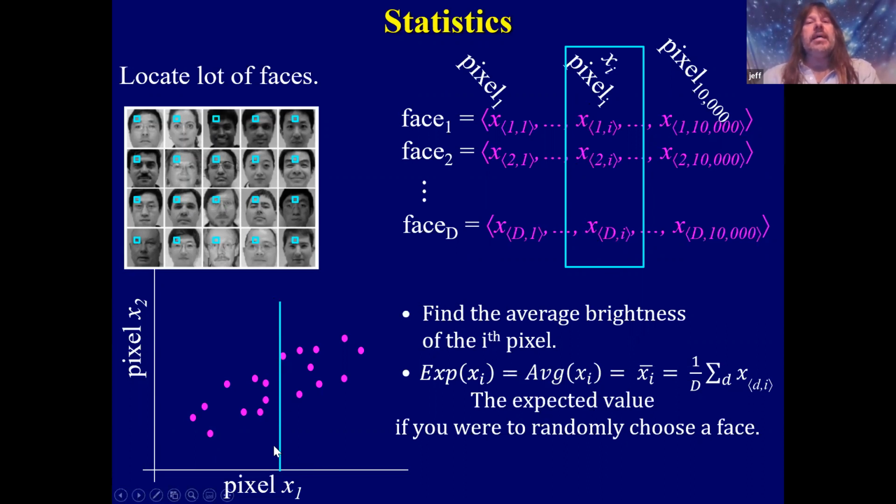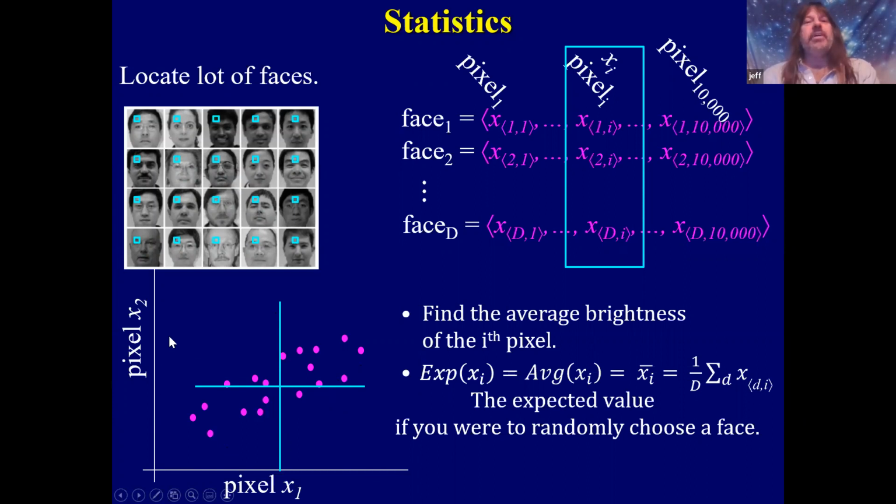And here in the picture, you can see this axis tells me how bright the first pixel is. So if you just look at the brightness of the first pixel, that's the average. Similarly, this is the average brightness of the second pixel.